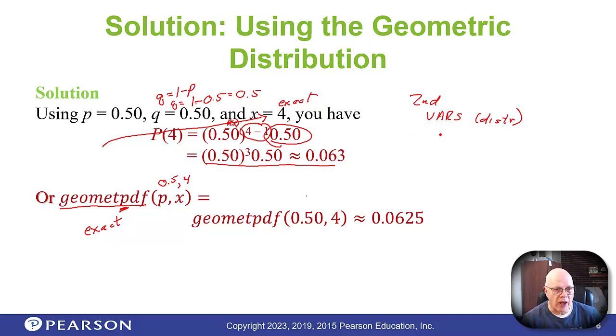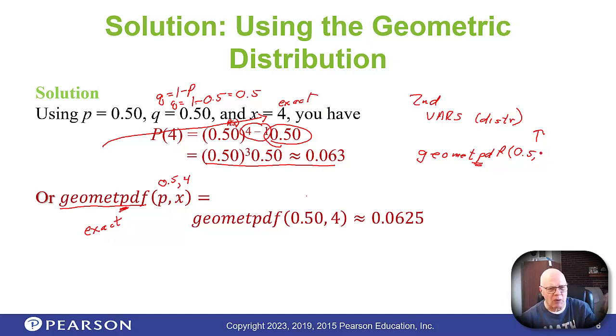In fact, the way I do it is I hit the up arrow, which takes me to the bottom of the list, and then I go up to GEOMET for geometric, PDF, P because we're talking about exactly 4 until you get the failure. And then you'll put in the numbers. In this case, 0.5 for the probability of failure in this case.